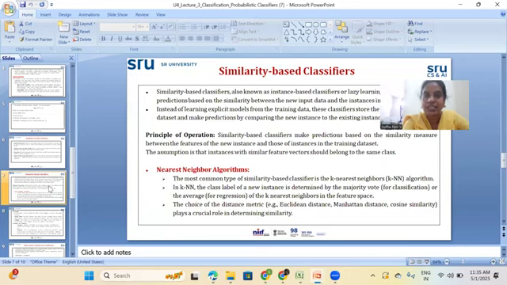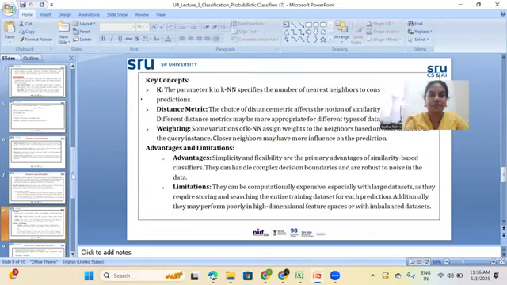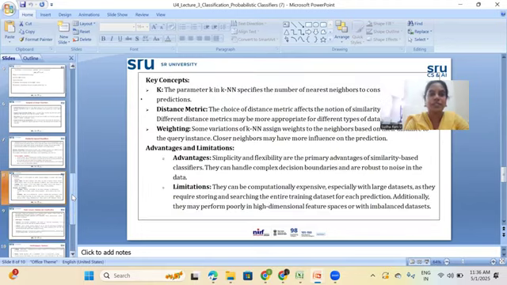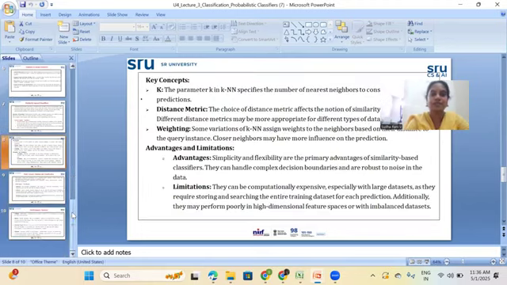In KNN, the class label of a new instance is determined by the majority vote or the average of the k nearest neighbors in the feature space. The choice of the distance metric plays a crucial role in determining similarity. Key concepts of the KNN algorithm.